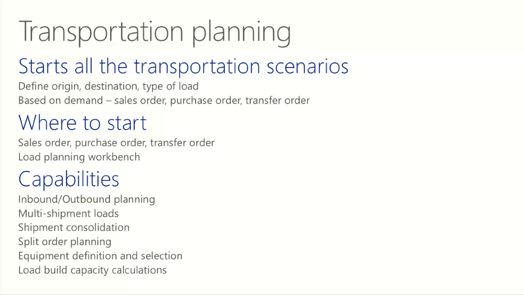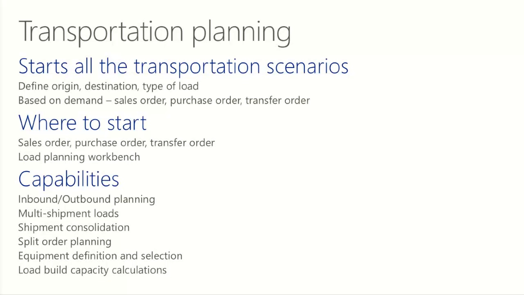Just that they are created, just that there is one address on it, you would be able to start the transportation planning and group these orders. And later, of course, as you update these orders, or someone else updates these orders, it will be automatically notified on the load or come as an extra demand, depending on your setup.